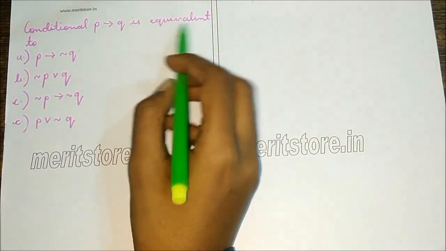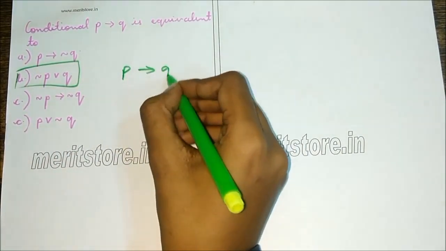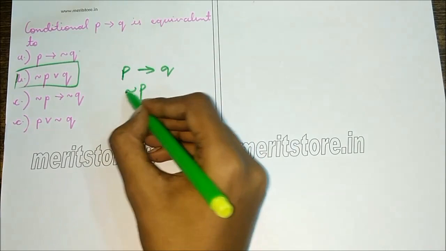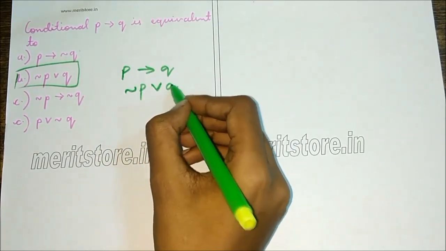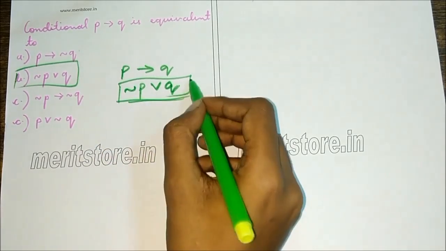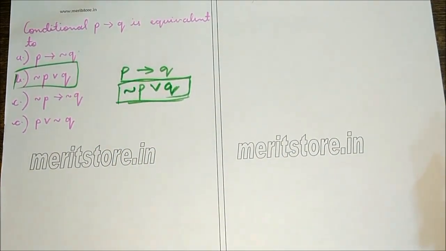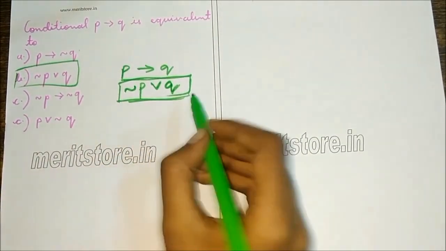Conditional P implies Q is equivalent to, the answer is option B. It is as per a formula. P implies Q is the same as negation of P or Q. This is a formula you are supposed to remember. That's an extra fact.